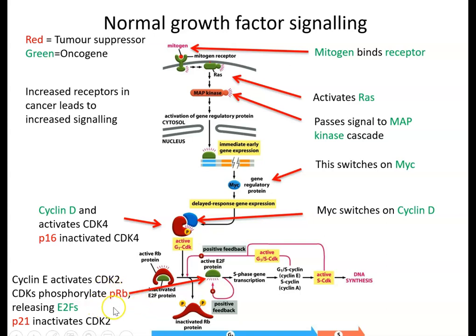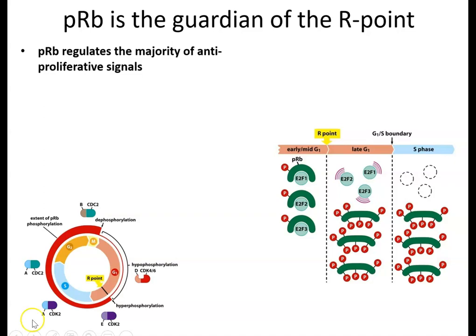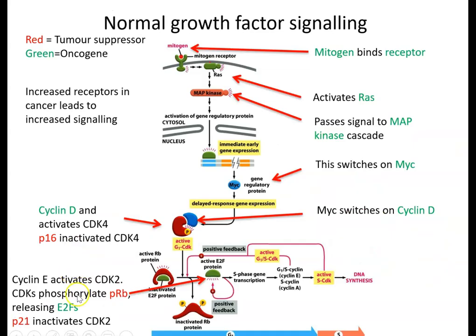Tumours really benefit from losing that, and the function of pRB is to hold on to S-phase promoting E2Fs. E2Fs are crucial for S-phase promotion, so tumours can overexpress E2F transcription factors, and that will drive the cell through to S-phase. So what we find is that tumours will activate usually one of these oncogenes in green, or inactivate one or more of these tumour suppressor genes, but they don't need to do all of them.